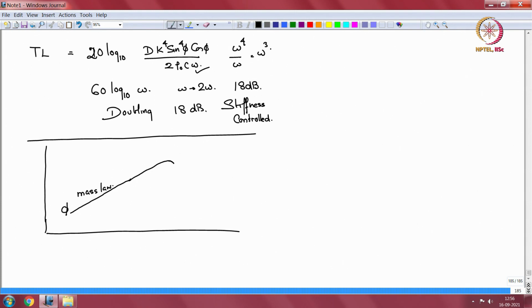Then you have a dip. This is coincidence. Okay, and you are at 18 dB per octave.